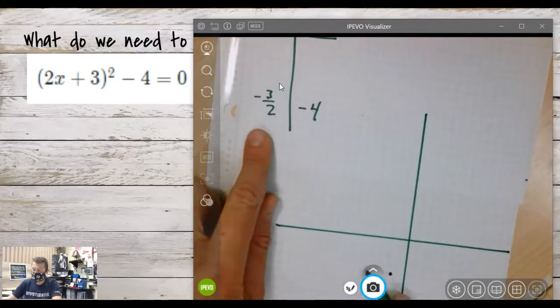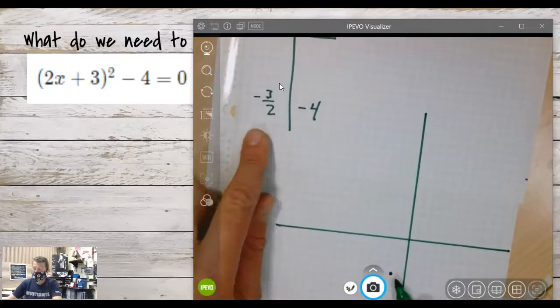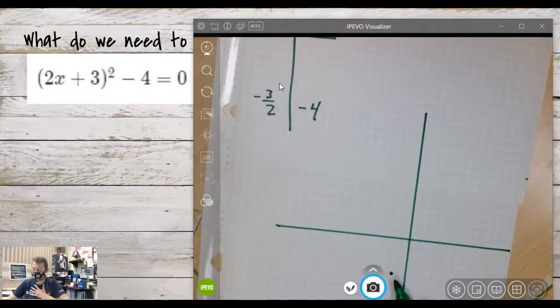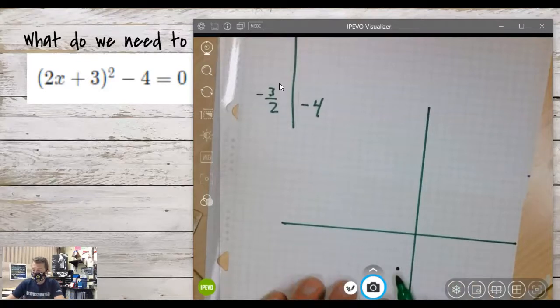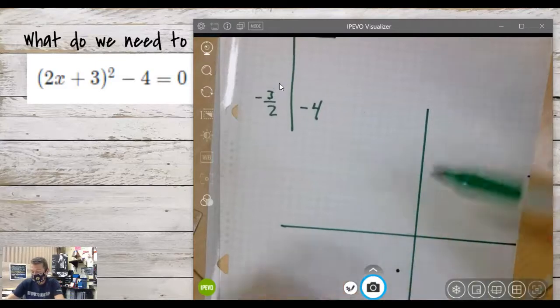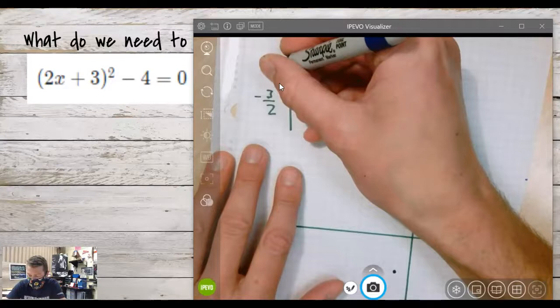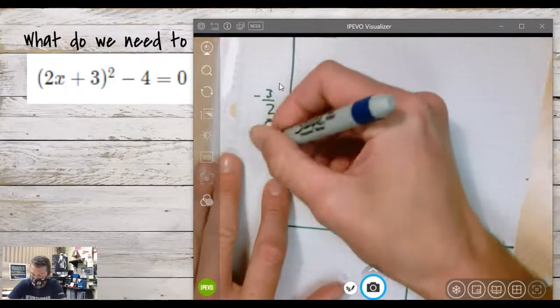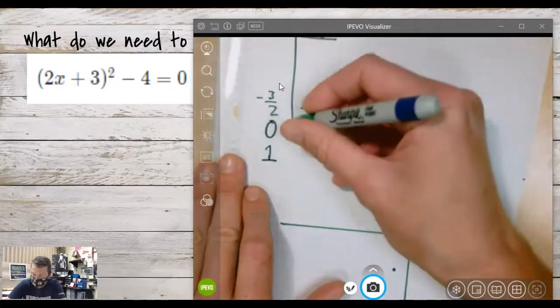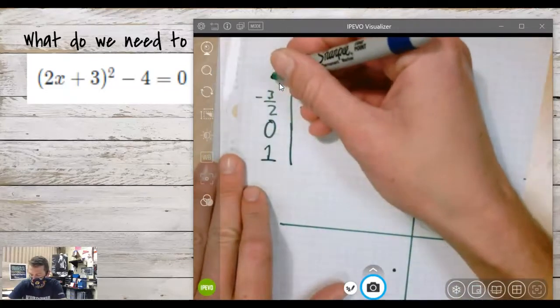So if I'm trying to go left or right from this point, in my mind, the easier direction to go is to the right because that's positive, and positive numbers are easier to work with. So pretty close to this point is an x of 0, right? That's not that far. Let's just use an x of 0. But 0 is going towards the positive. So actually, if we set up this table like we're used to, negatives would go this way.